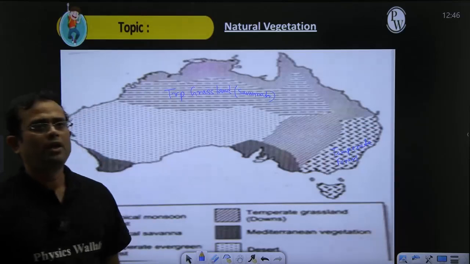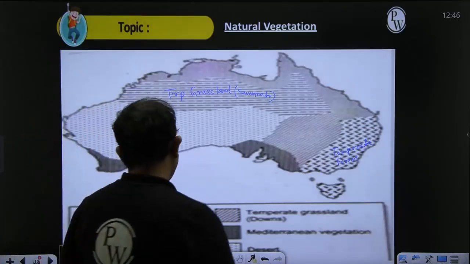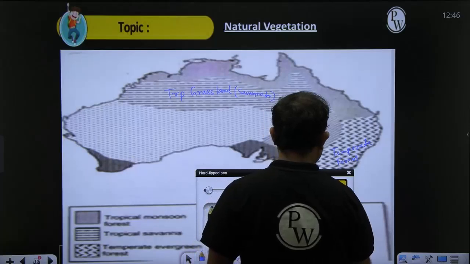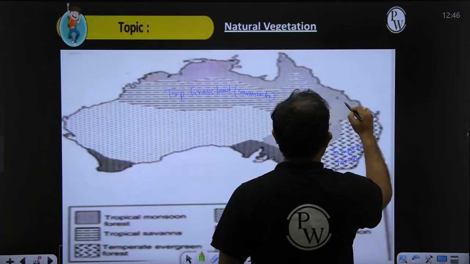Already in the previous class we know that the Great Dividing Range is here. This is the mountain range of Australia, the Great Dividing Range.